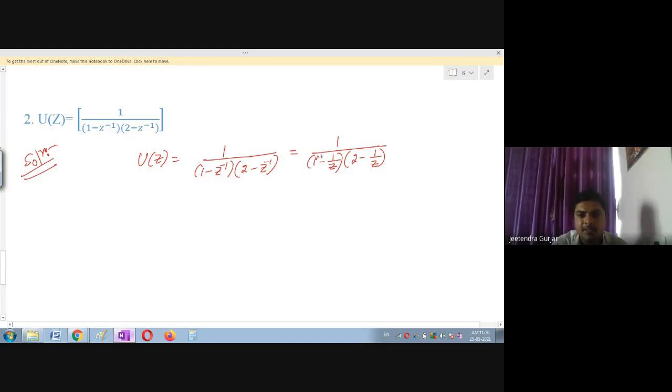I will multiply here z, and here I will multiply 1. Here also I will take LCM, here z and here 1. So therefore this equation is written like this: 1 divided by z minus 1, and this is divided by z, and same way here also, this is 2z minus 1 divided by z, students.